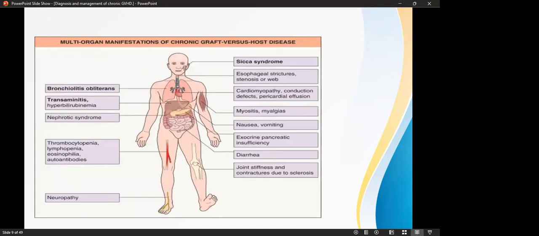In this picture you can see that graft versus host disease affects the eye with sicca syndrome, esophageal tissues, cardiomegaly, myositis, nausea, vomiting, diarrhea, joint stiffness, neuropathy, thrombocytopenia, nephrotic syndrome and renal damage, and bronchiolitis.